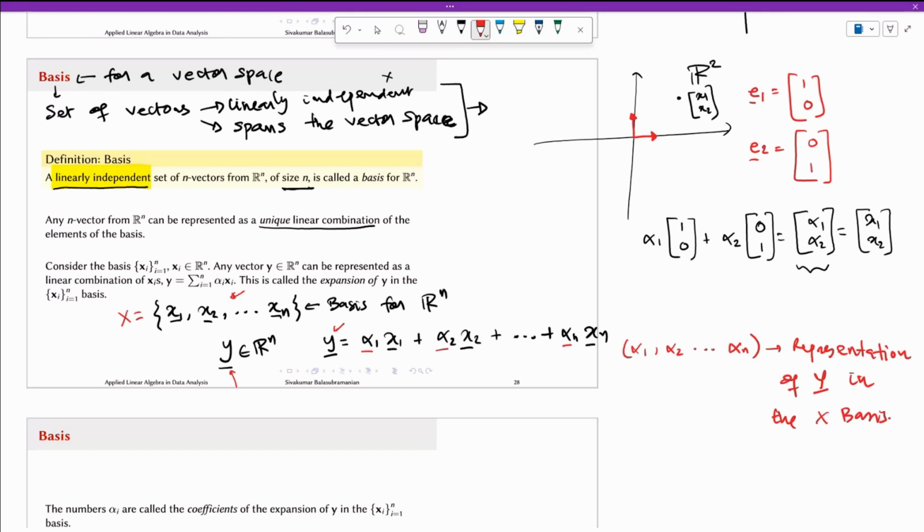But how I represent that point will depend on what basis we are using. If you and I agree to use the x basis, then the numbers to represent y would be alpha 1 to alpha n. If we had a different basis, z1 to zn, then maybe y has a very different representation.